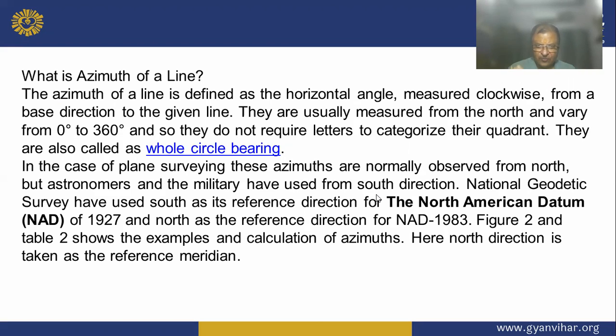So in the example and calculation of the azimuth here, the north direction is taken as the reference meridian. So dear boys, you have studied all this, azimuth, meridian and others.